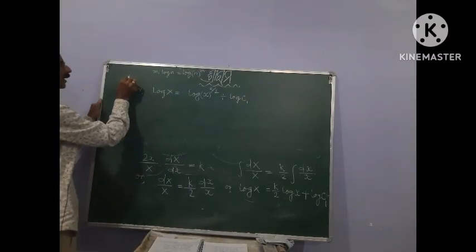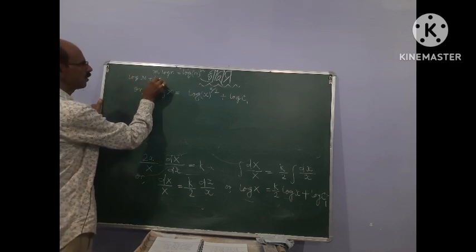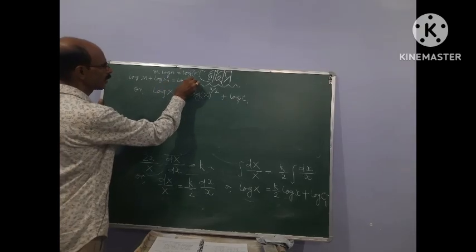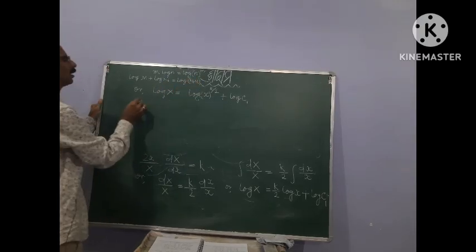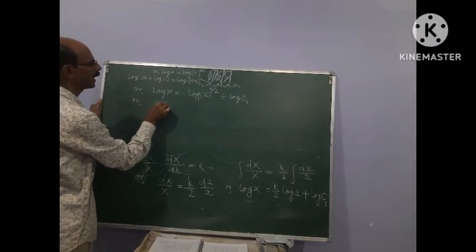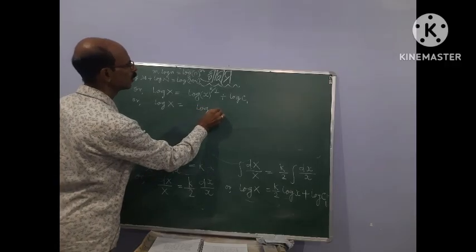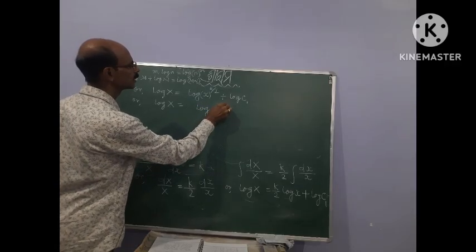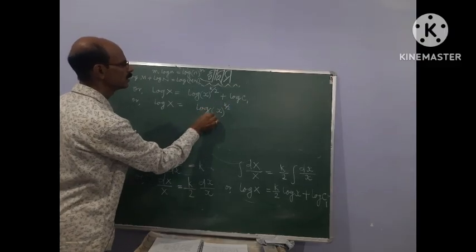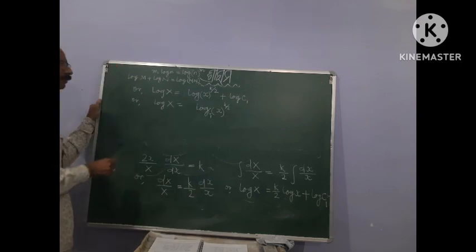Again we have a relation: log m plus log n is equal to log of the product of m and n. So this expression can be rewritten as log X is equal to log x to the power k/2 into C1, so log C1 x to the power k/2.